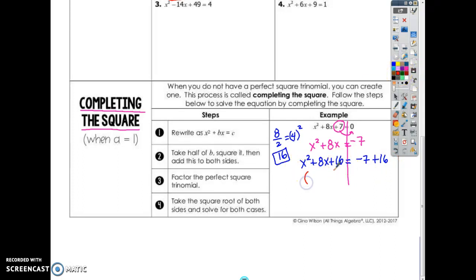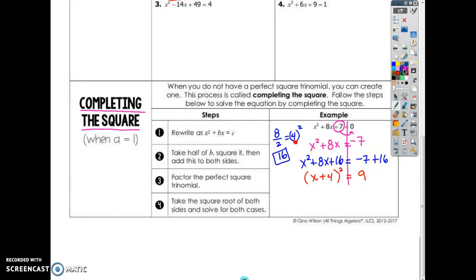So it's two numbers that multiply and give you 16 and add to give you 8 is 4 and 4. So x plus 4 squared equals, what's negative 7 plus 16? 9. Negative 7 plus 16 is 9.